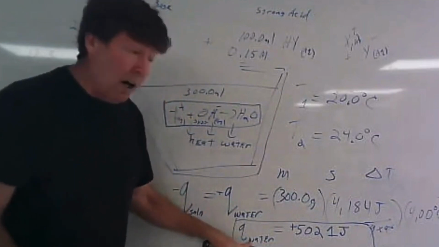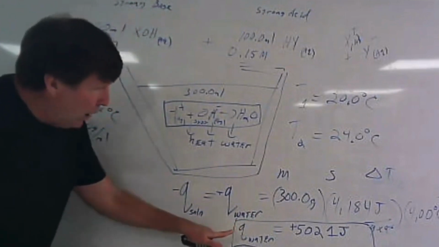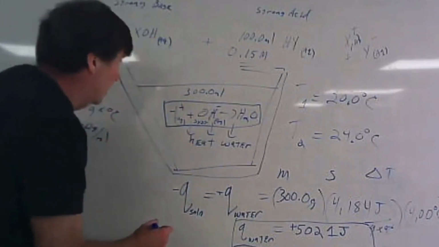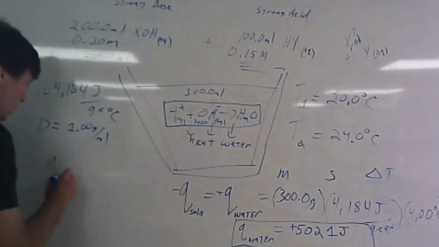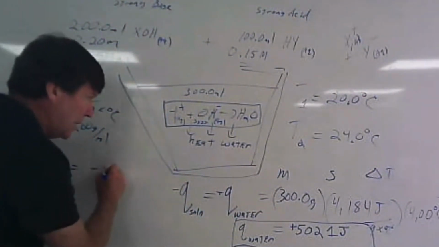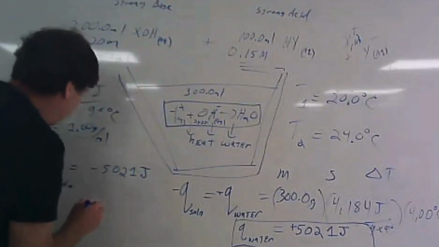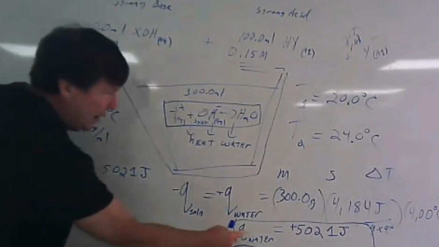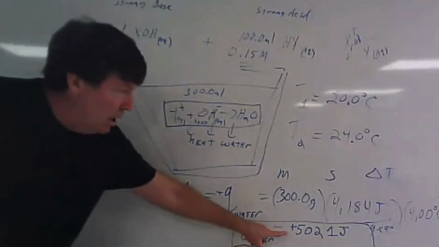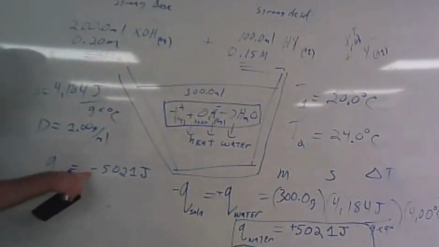That's the gain by the water. But we know that whatever was gained by the water was lost. So the Q for the solution is the same number, but now we have a minus associated with it. We've got this as one part of our answer, but now we also know that whatever was gained had to be lost, so now we need to realize there's the Q for the solution.